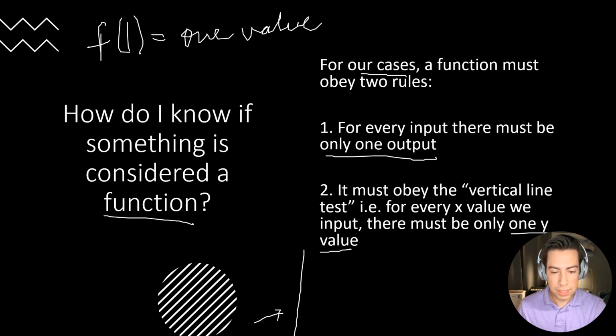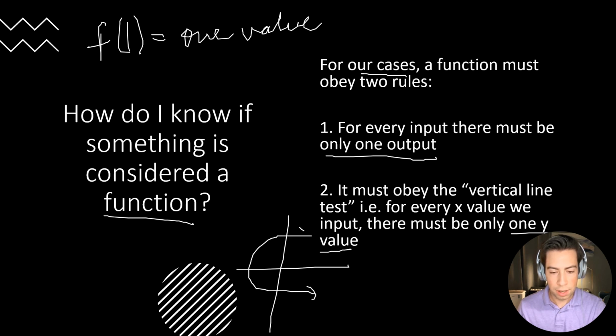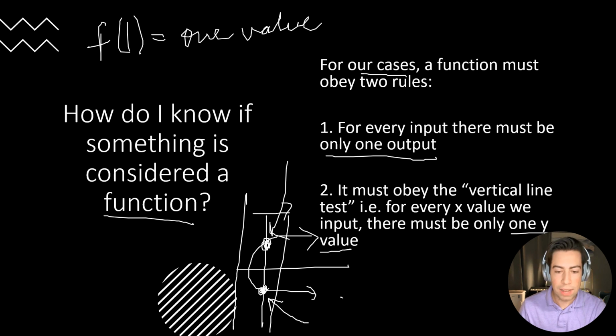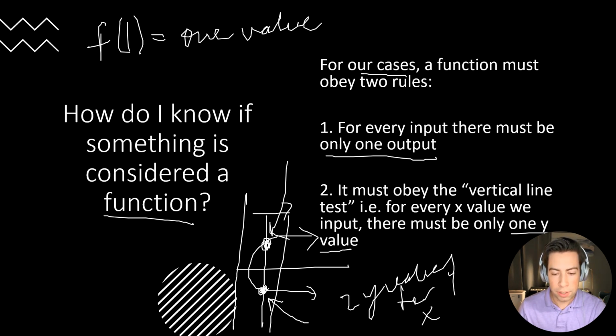Now, if I had a parabola that was facing like that, and I took my vertical line and I drove it that way, what would happen is eventually I would hit 2 points at once. So I would have a point here and I would have a point here. And what that means is that I now have 2 y values for one x value. And that would not be a function, okay? So for our cases, right, this is not a function. So just something to keep in mind.